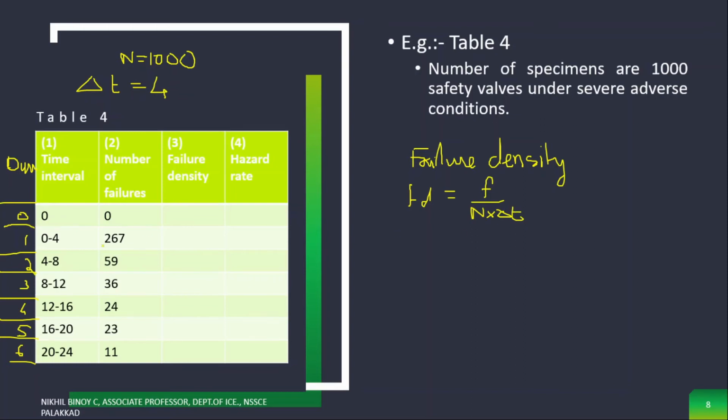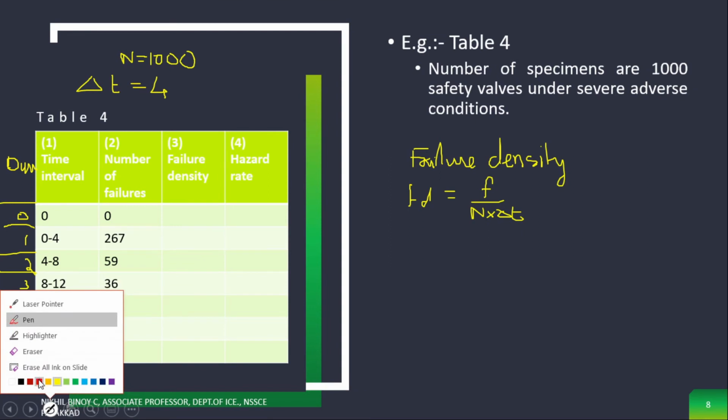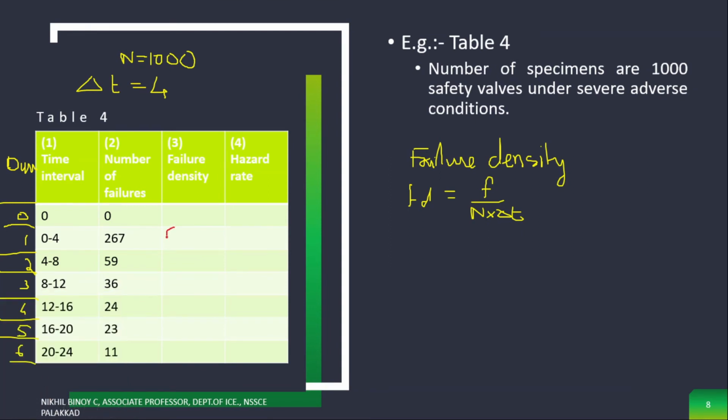So what is the first interval value, FD1? FD1 corresponds to F, which is 267, divided by N, that is 1000 in this particular case, into delta T, which is 4.